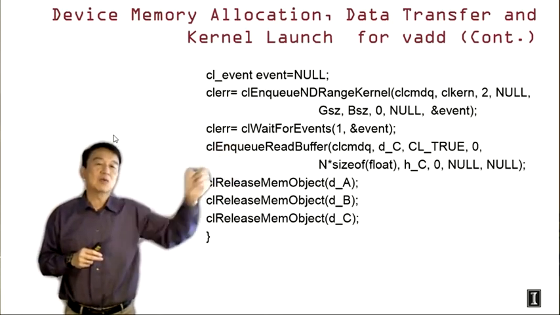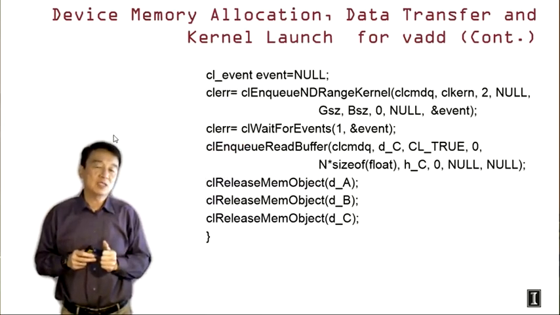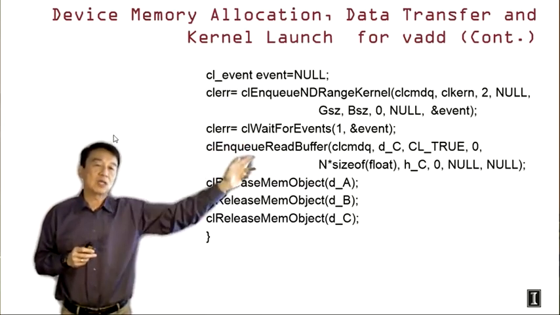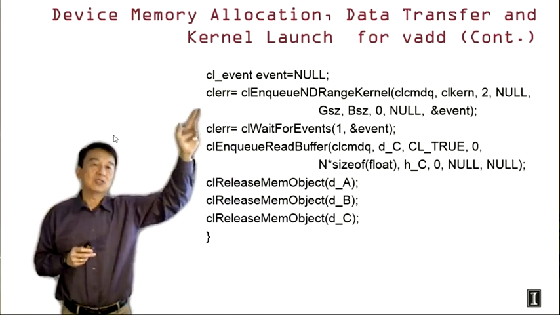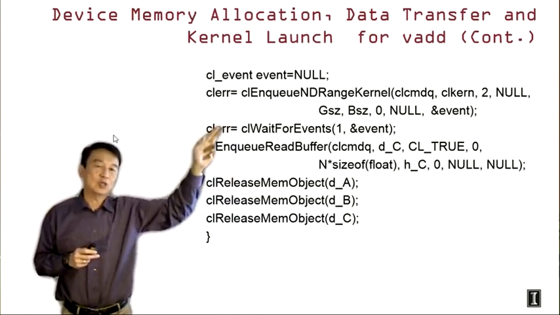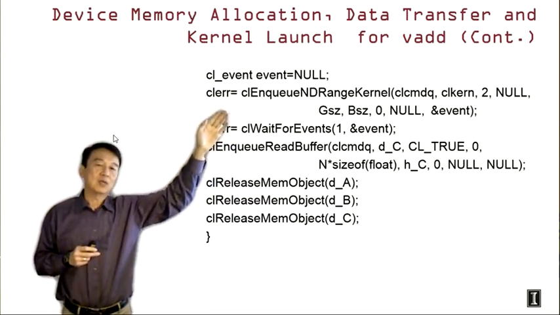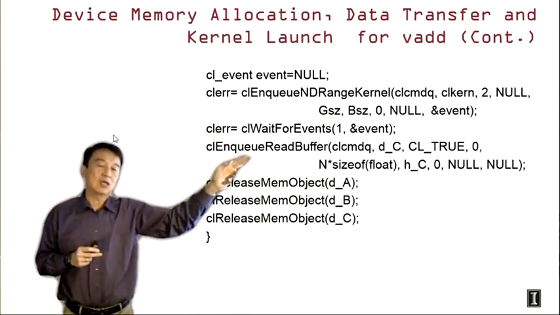The next statement will have clWaitForEvents, and we're going to use that event. That will allow us to wait until this whole kernel has finished execution. Otherwise, because this is an asynchronous kernel launch, it will come right down and go do the data transfer back.